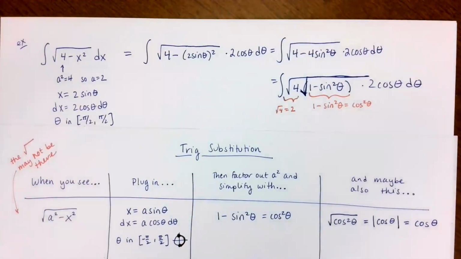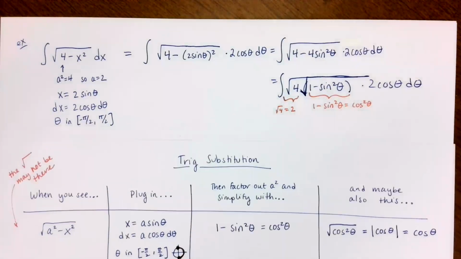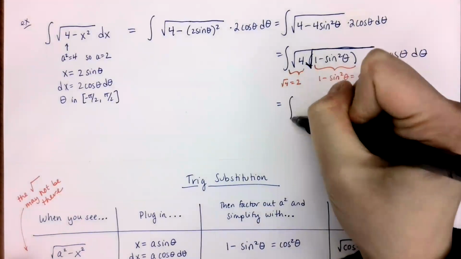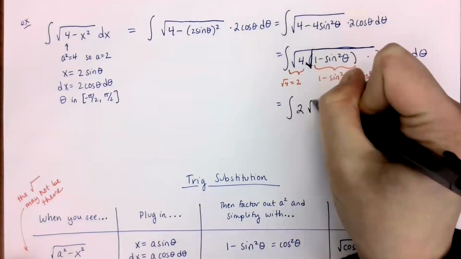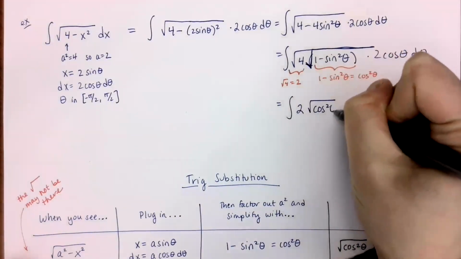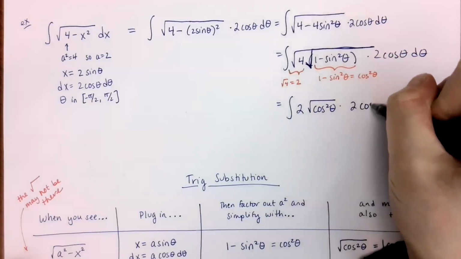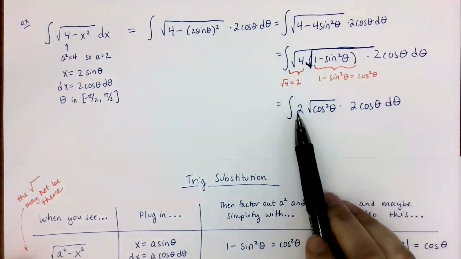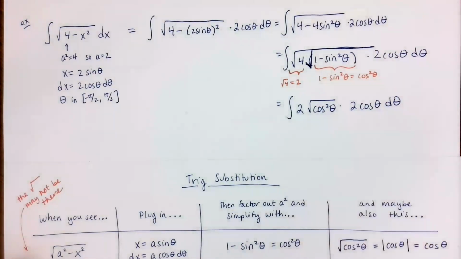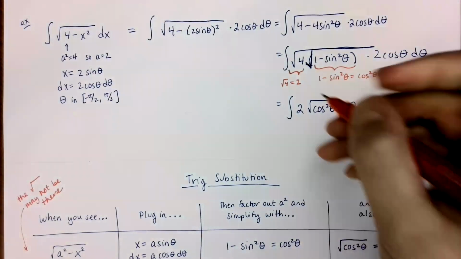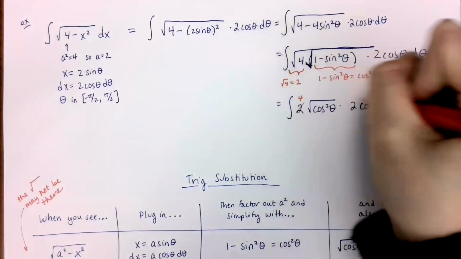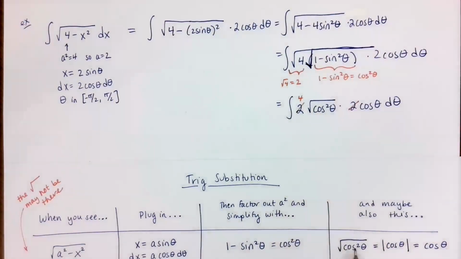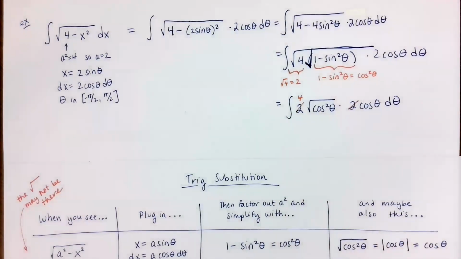Okay, let's see what we have. That's 2 times the square root of that cosine squared that just showed up, and then the 2 cosine theta that's been there the whole time from the dx. This 2 and this 2 I can combine into a 4. And now this square root of cosine squared is this predicted identity down here.